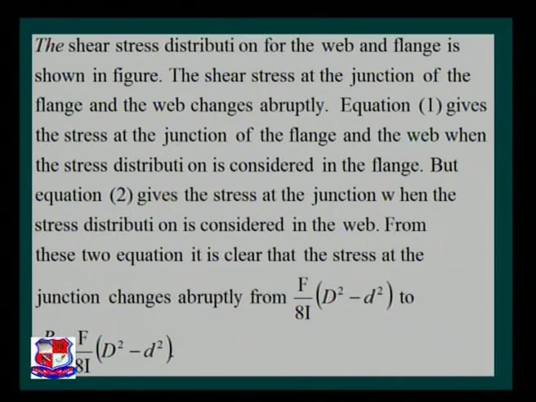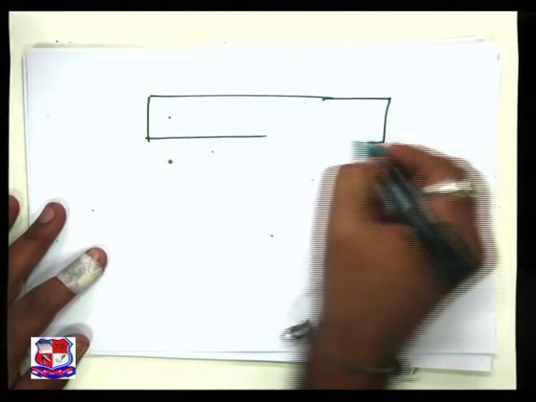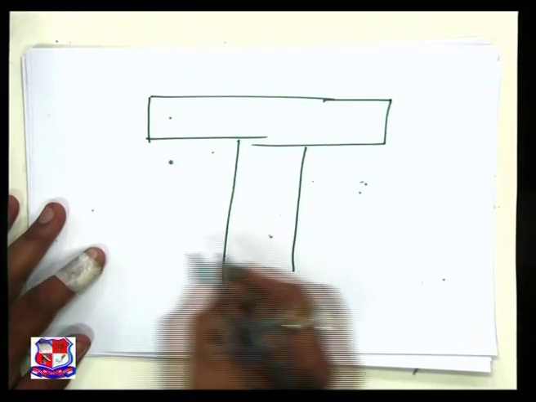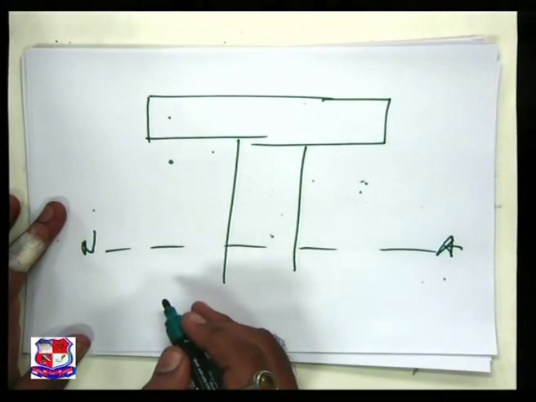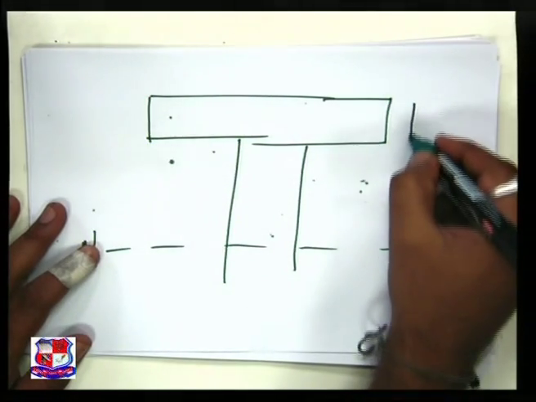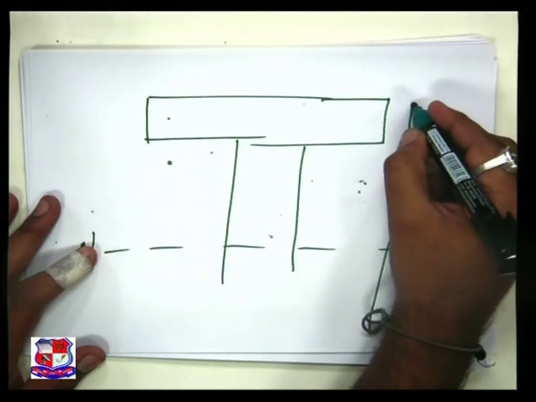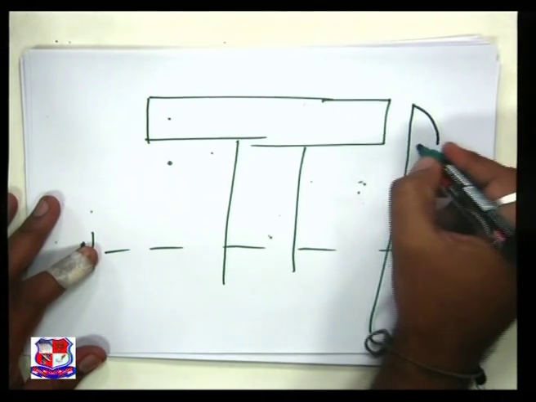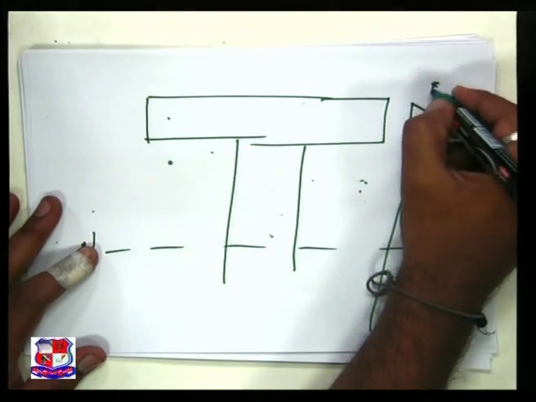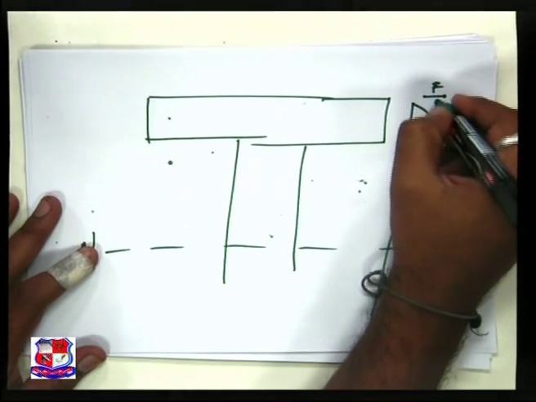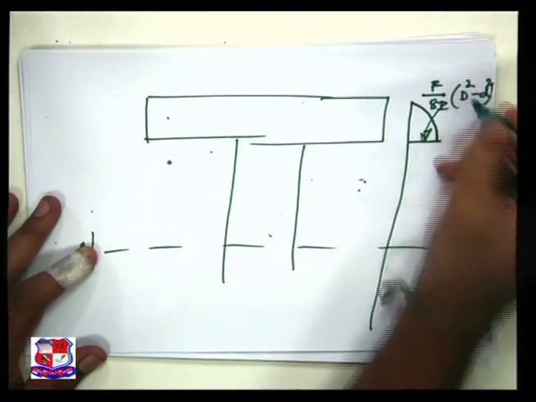That is the basic thing that I would like to explain or elaborate over here. This is my basic I section. This is the neutral axis. This is my baseline, from that I have to plot the diagram. 0 over here, parabolic nature over here, and we got this stress equal to F divided by 8I bracket D square minus d square.